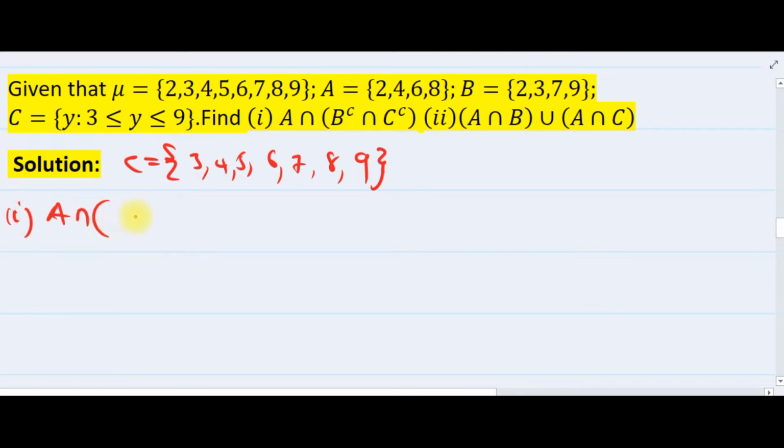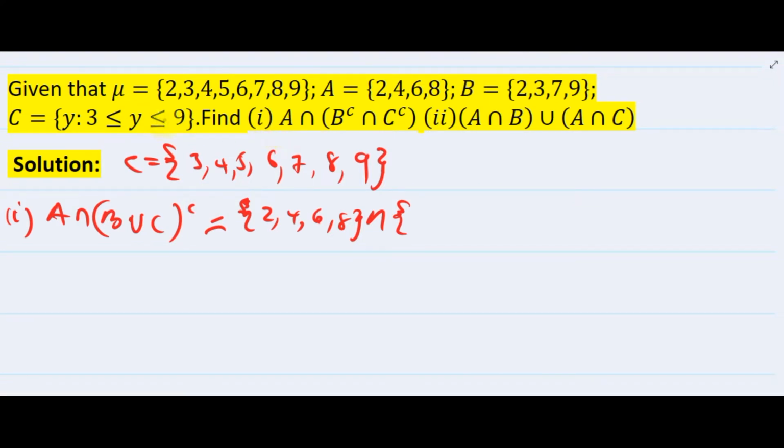A intersection B prime intersection C prime is A intersection (B union C) prime, using our De Morgan's law. A is 2, 4, 6, 8. We want to find what is common with (B union C) prime.